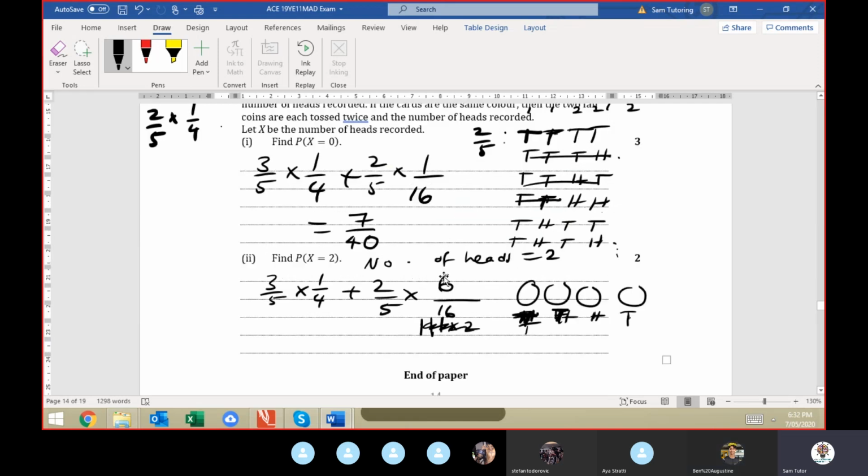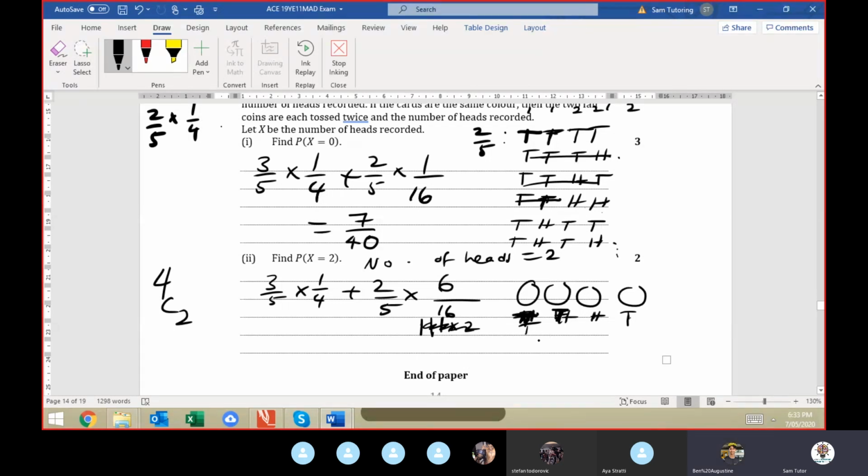To get 6 out of 16, you are trying to select 2 heads from a possibility of. You're trying to select 2. So, what is a binomial? You got 4 slots. You're choosing any 2.